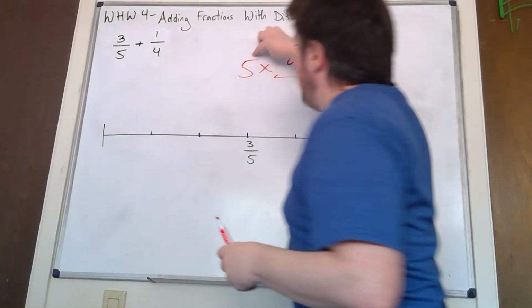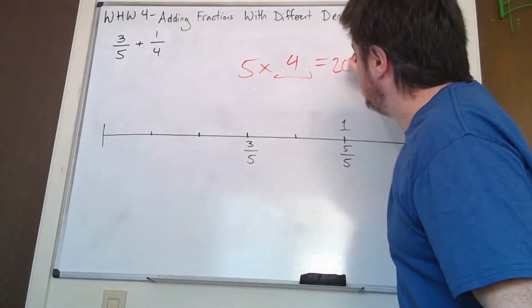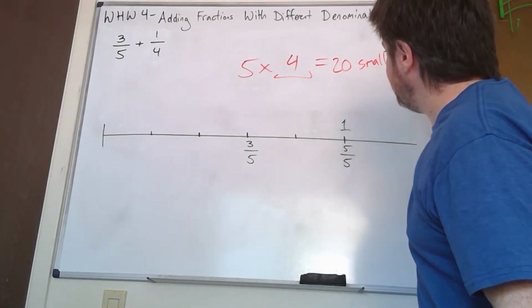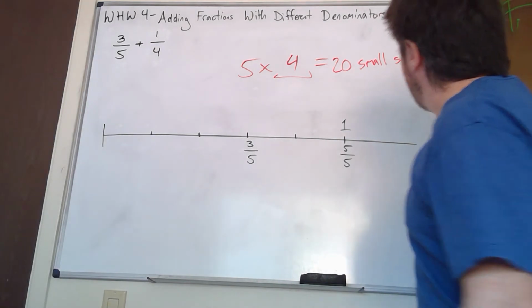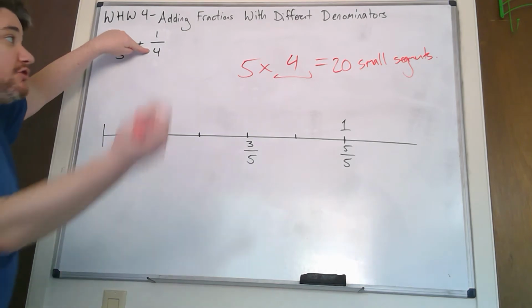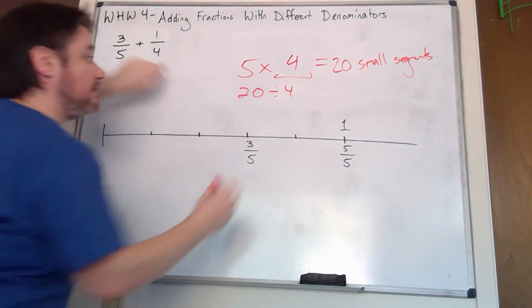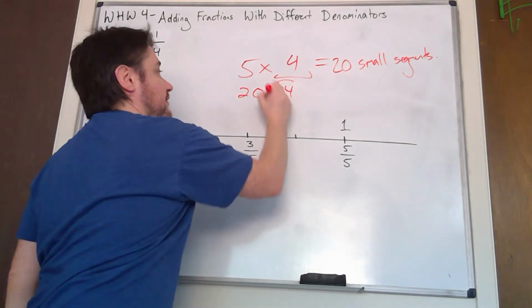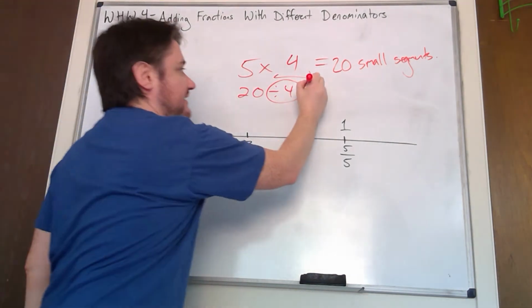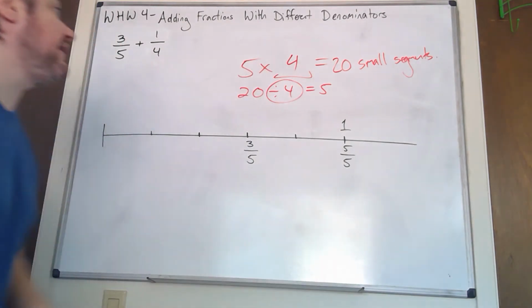Because if I can form 5 groups of 4 small segments in here, then I've got 20 small segments. And if I have 20 small segments, then I can form 4 equal groups, right? 4 groups of 5. In that case, I'm really doing 20 divided by 4, grouping. So forming 4 equal size groups, and how many little segments will live in the group? 5, right? So we kind of play around a little bit like that.